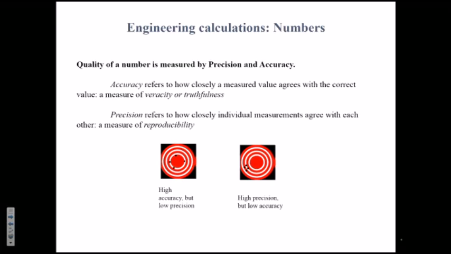So it's somewhere there, and that's your reference. If you really want to see if something has a mass of 1 kilogram or not, if you want to compare the truthfulness of the mass, you have to compare it with that thing. So that's truthfulness. That's veracity. That's the accuracy.